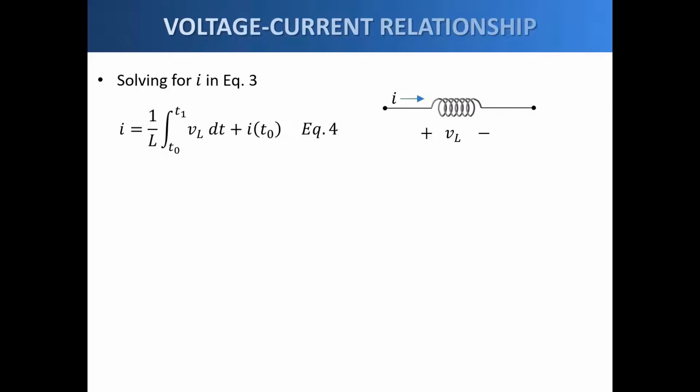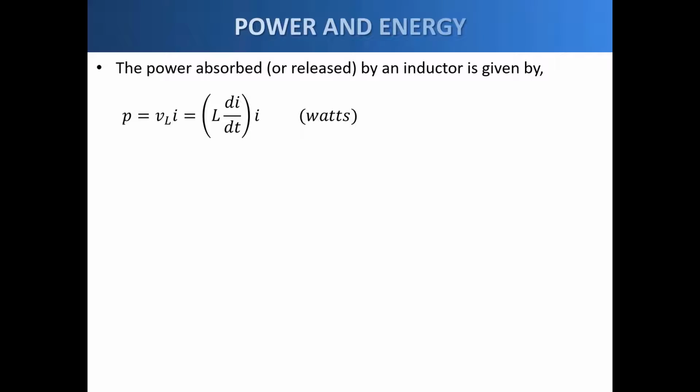Also from equation 3, if we're given the equation for V sub L, we can actually solve for the current by doing integration. We could also compute for the power and energy of the inductor.